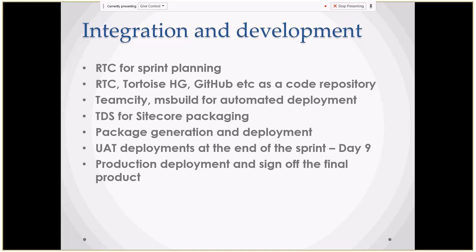And RTC also has code repositories, Tortoise HG, GitHub. Likewise, you can use any of these code repositories for Sitecore, with TeamCity and MS-Build for automated deployment. TeamCity and MS-Build together, you can do an automated build at least for the development environment, so you can save a lot of time.